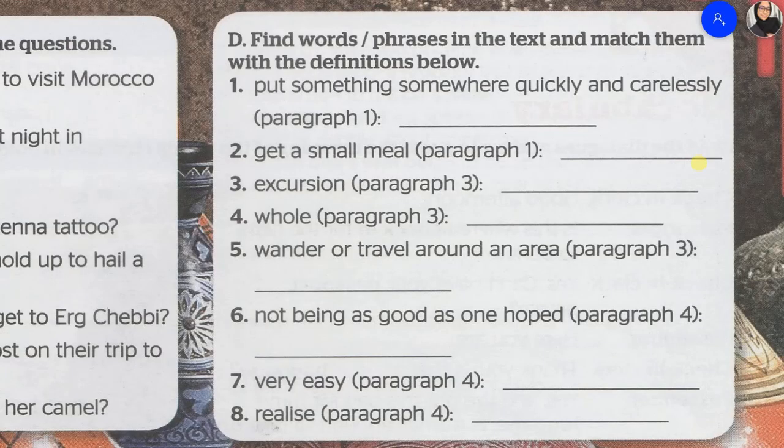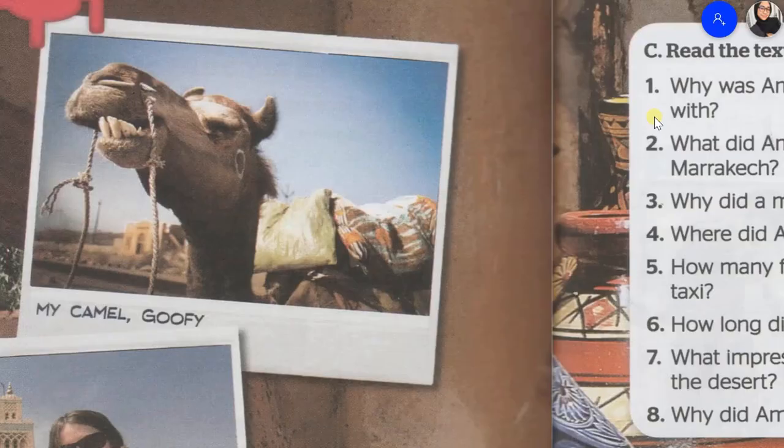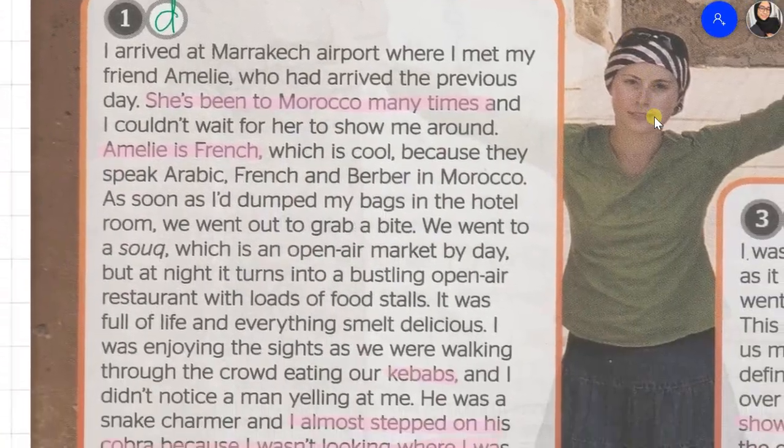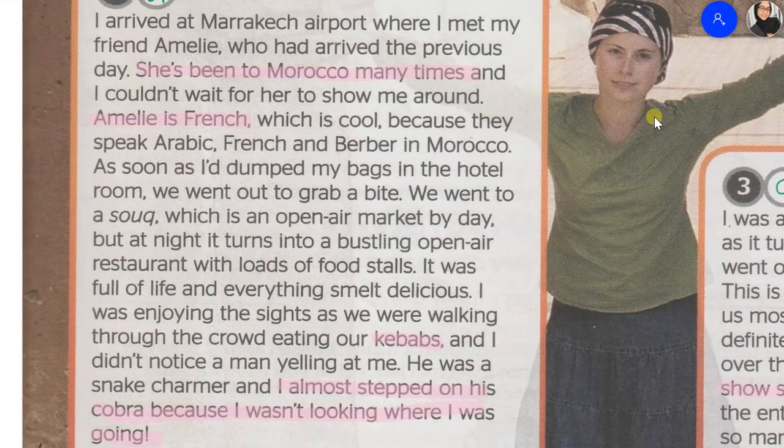Alright, now let's move on to the next task, task D. Find words or phrases in the text and match them with the definition below. Okay, number 1. In paragraph 1, which word means putting something somewhere quickly and carelessly? Let's find the word.